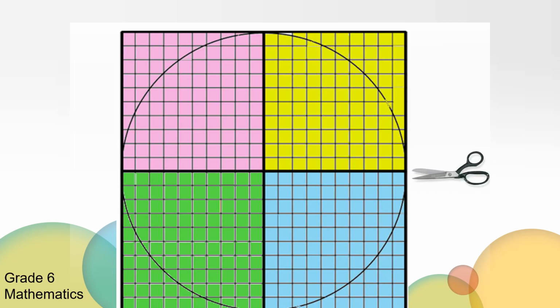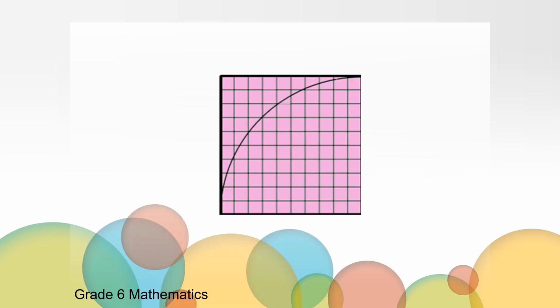I'm going to cut out these quadrants and see what portion of the quadrants I can physically fit into the circle. I separated each quadrant by using a different color. Imagine me cutting out each quadrant. Let's see how the purple quadrant can fit into the circle.